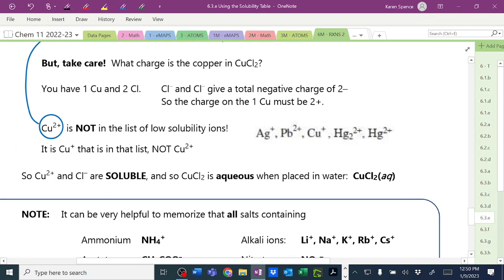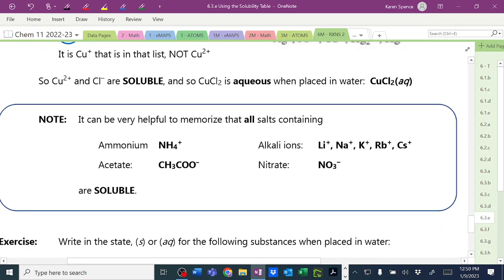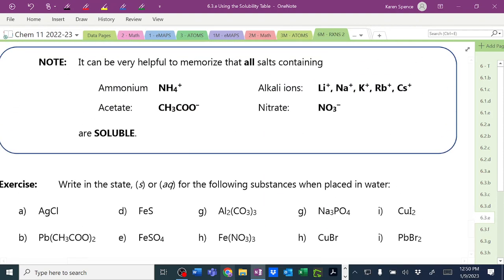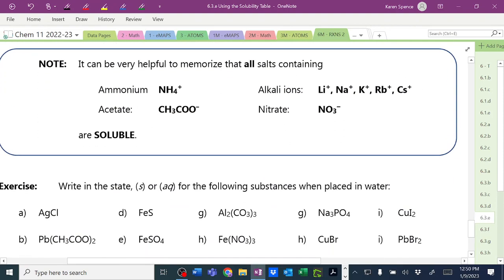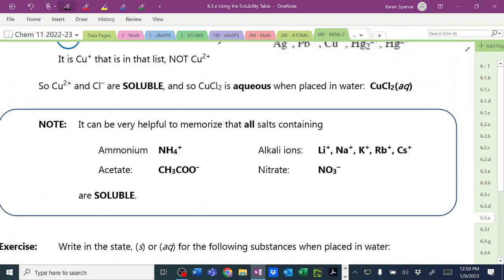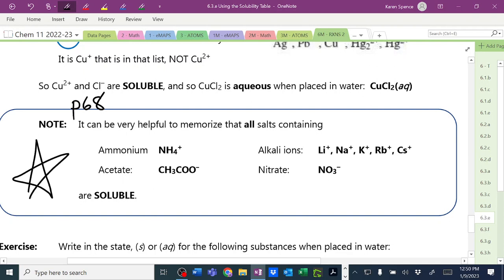So this is now on page 68. It can be really helpful to memorize that all salts containing ammonium, the alkali ions, nitrate, and acetate are all soluble all the time.